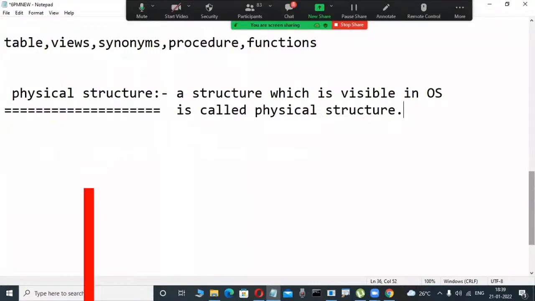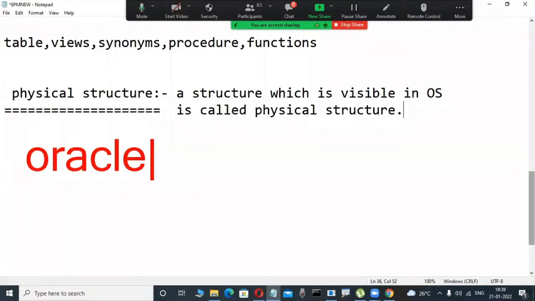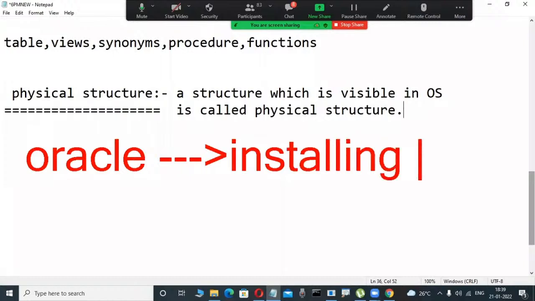Suppose I am installing software, some physical files are created on the disk. Whether PowerPoint, MS Access, or MS Word, physical files are created. Same as in Oracle, a relational database software, or MySQL, SQL Server. Whenever I install Oracle, physical files are automatically created.